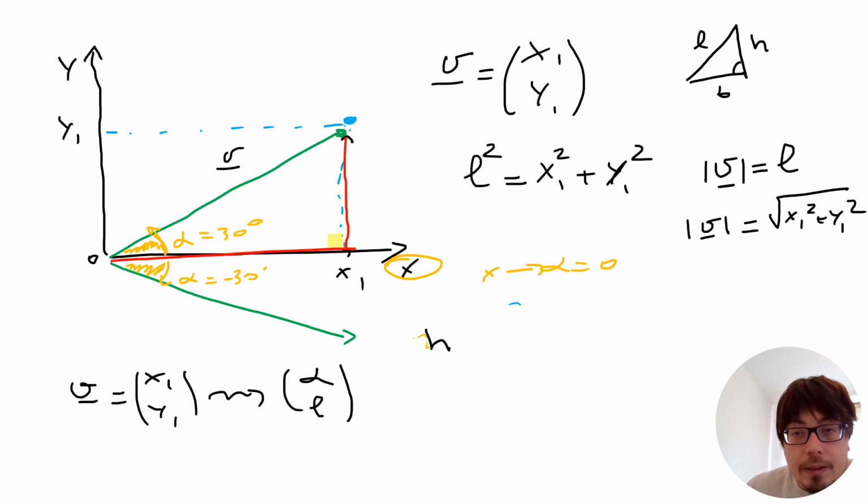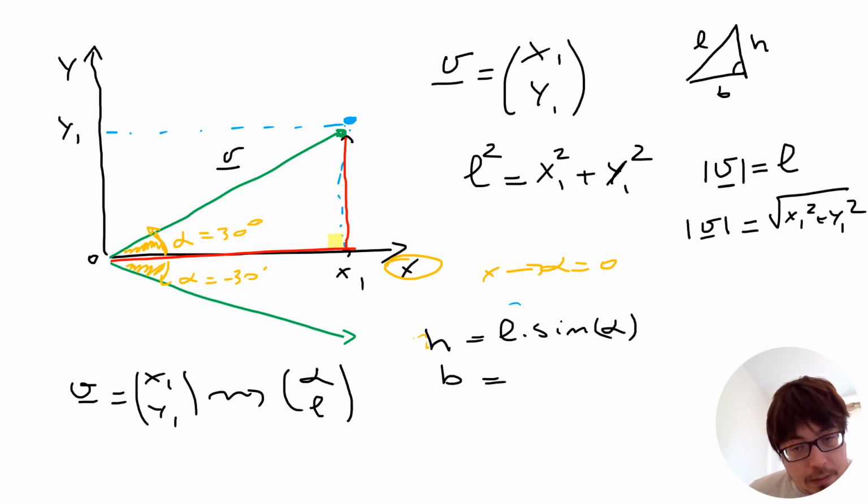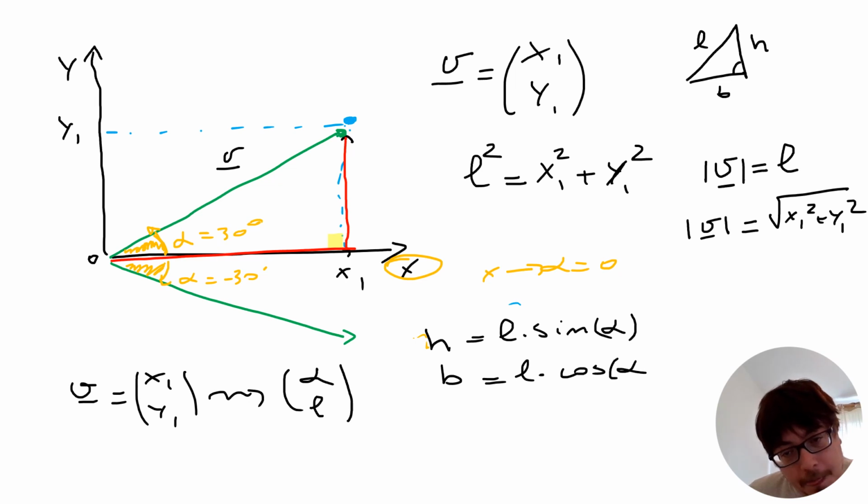Let's call it alpha again. We know that h is L times sinus alpha, and also we know that b is equal to L times cosinus alpha.